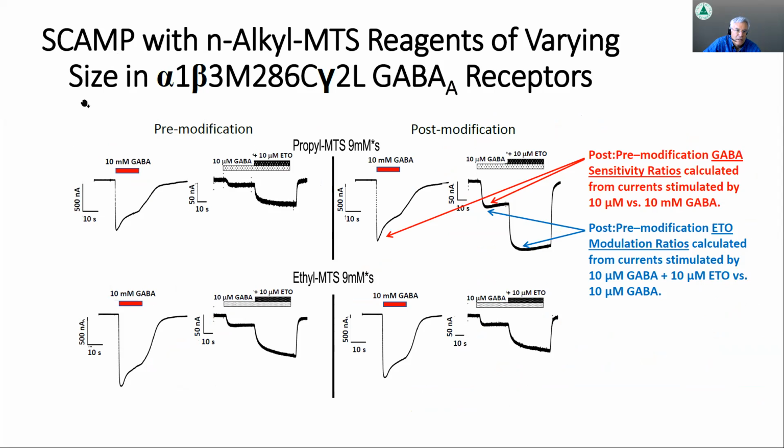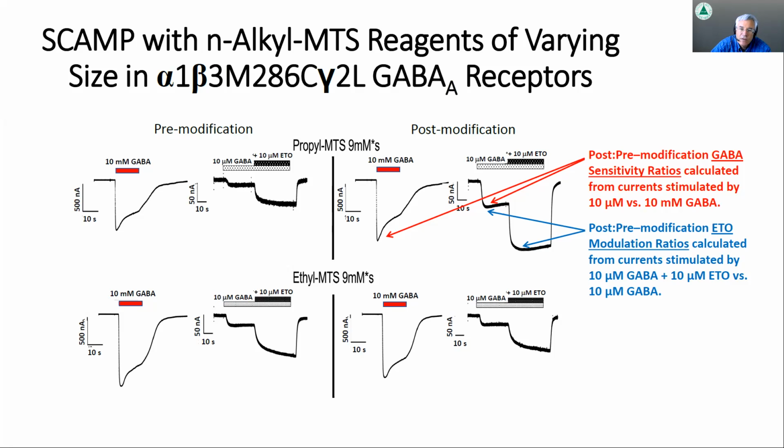To elaborate a little further on the hypothesis, we hypothesize that when the modified cysteine side chain overlaps with the etomidate site, we'll see 3 functional outcomes. One is increased sensitivity to GABA, which we see with PCMBS.